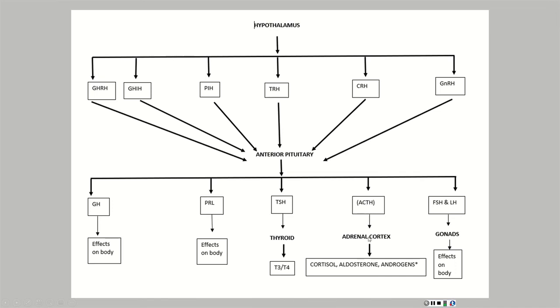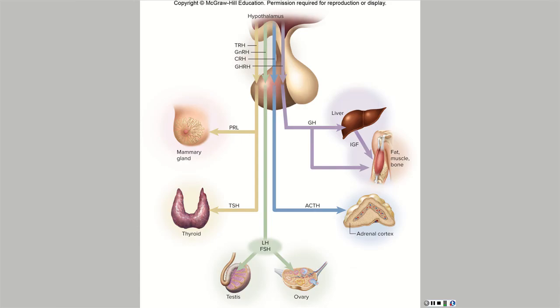ACTH then travels to the adrenal cortex to tell it to release its hormones. So this is how we read this chart. Now we're going to go through all of these individually. This just kind of sums it all up for you. If you don't like the way this chart is laid out, your book actually gives a different version of this chart on page 635.